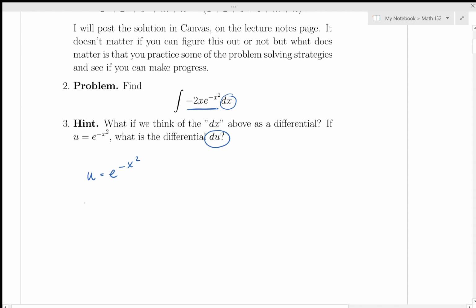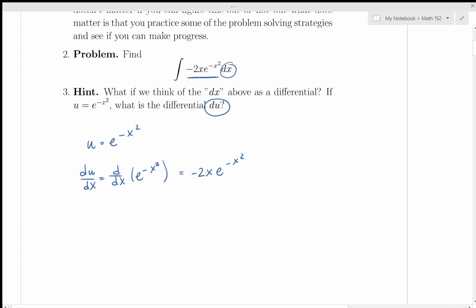So that on the left-hand side is going to give me du by dx, and then I'm going to take the derivative with respect to x of e to the minus x squared. And that is going to give me minus 2x e to the minus x squared.